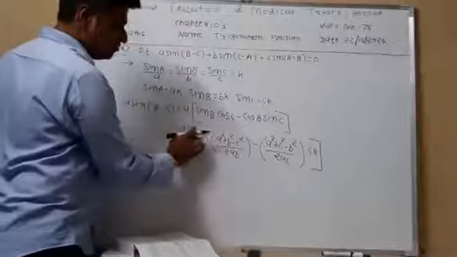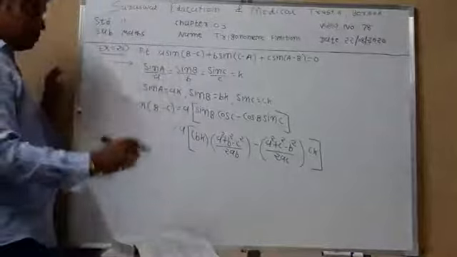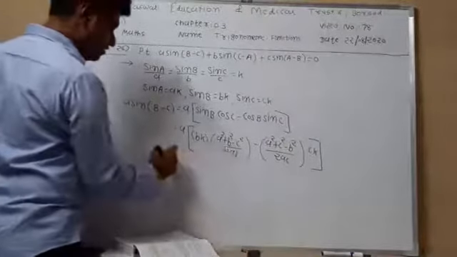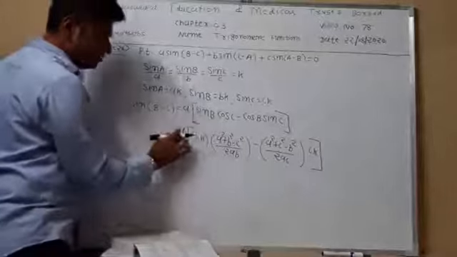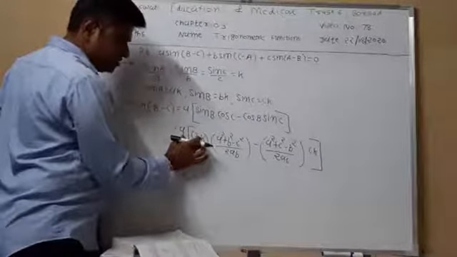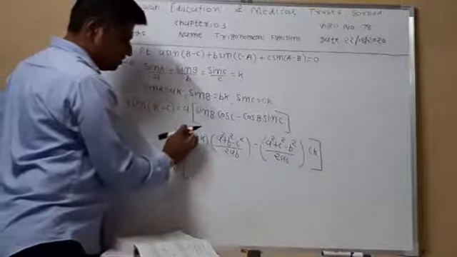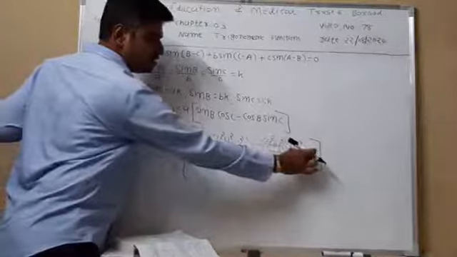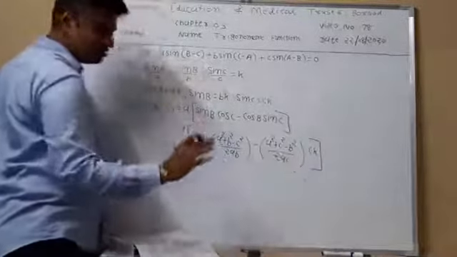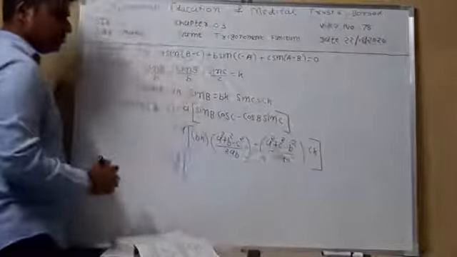In the same way, multiplying a into this bracket, ac and ac cancel out. So the remaining term here is k by 2, and here also k by 2.